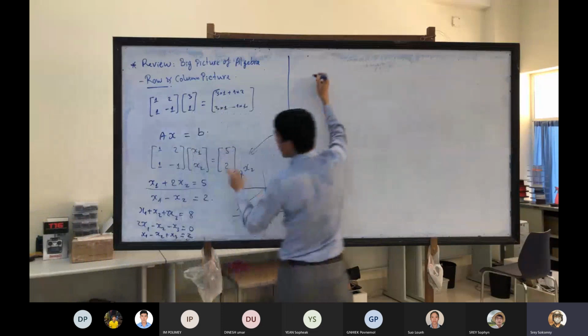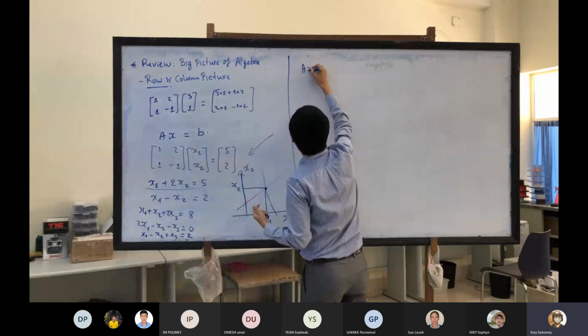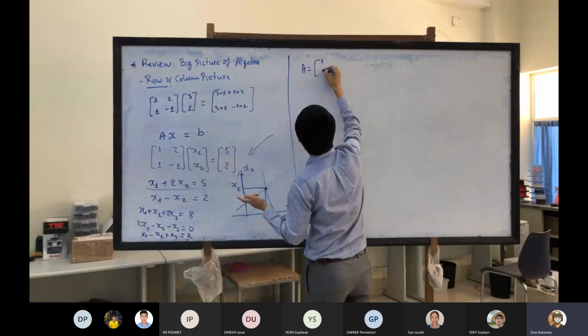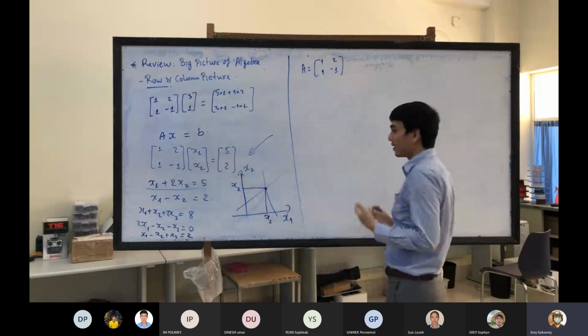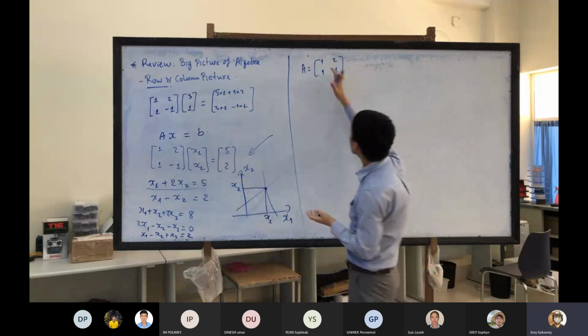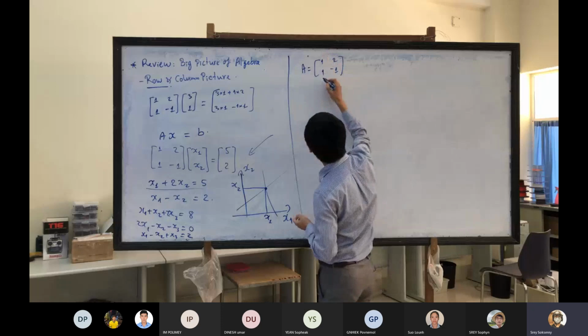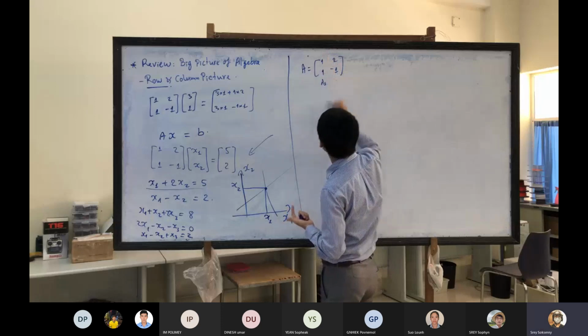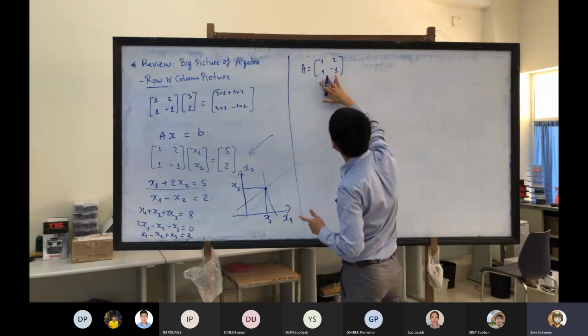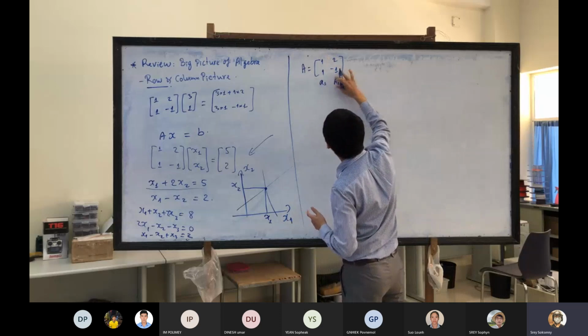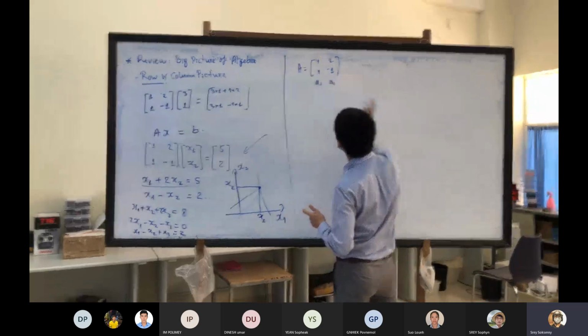So you got a matrix A equal to 1, 1, 2, minus 1. But now you don't call it a matrix, you call it another way. This is the first column A1, and this is the second column A2. Maybe small case a is better. A1, A2.